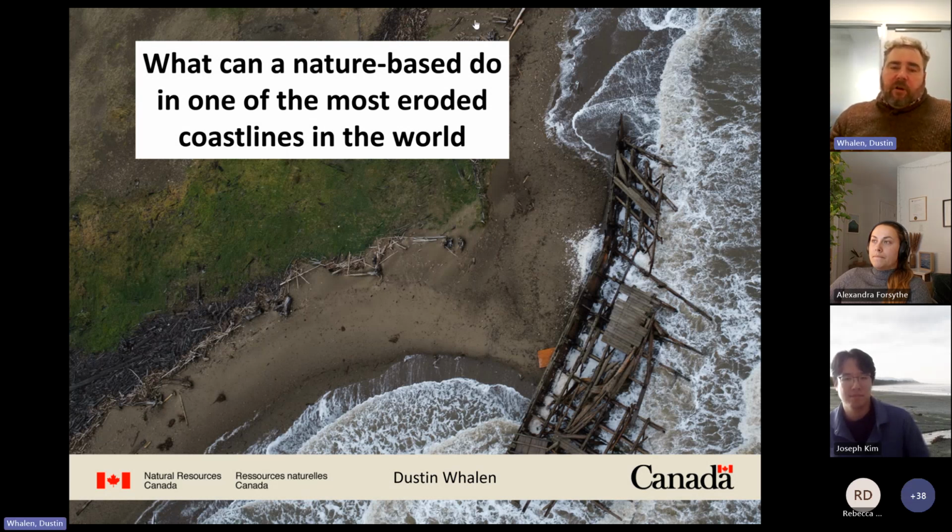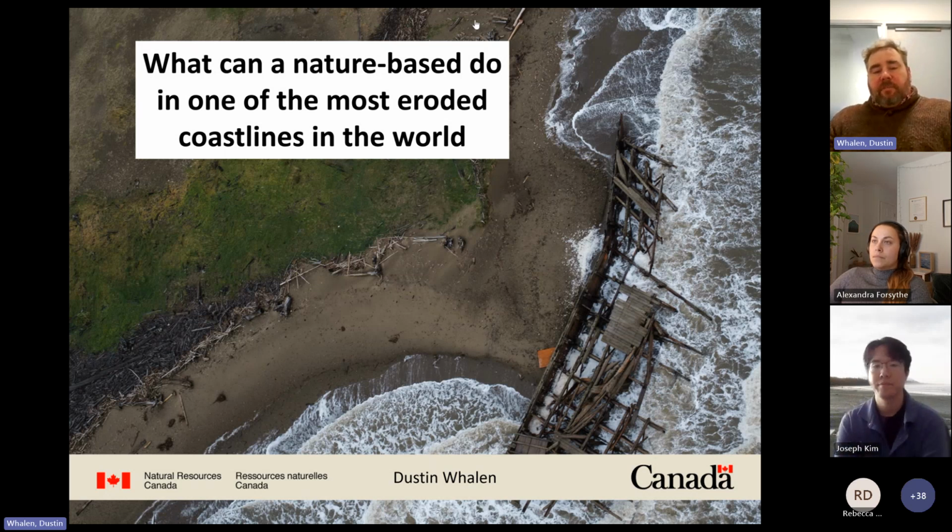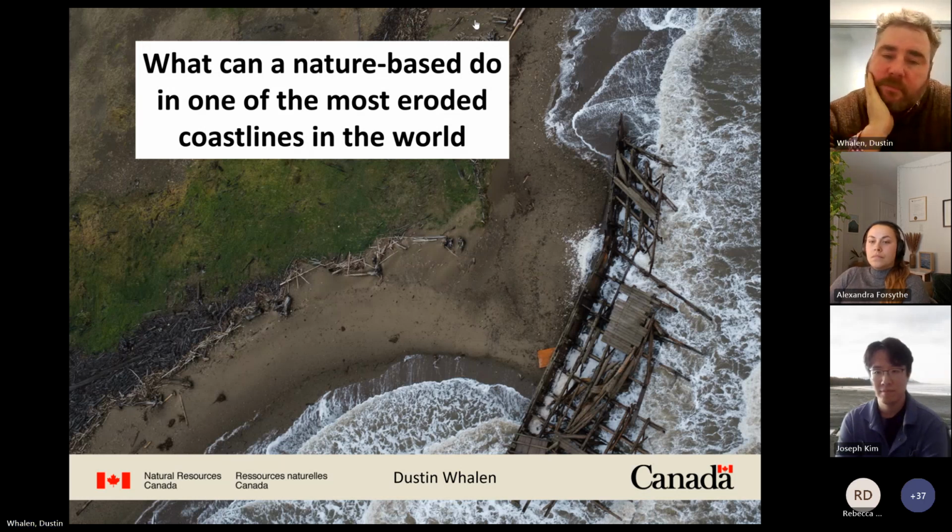So either it was an historical storm that nobody can really remember that pushed this log up here, or it was pushed by the action of ice pushing along the coast. So yeah, it can absolutely be pushed by ice as well as the force of water.